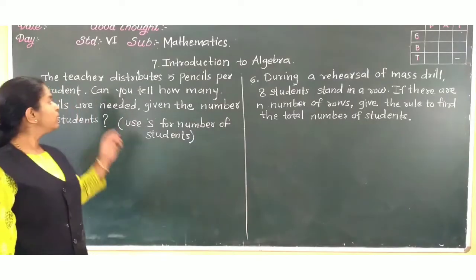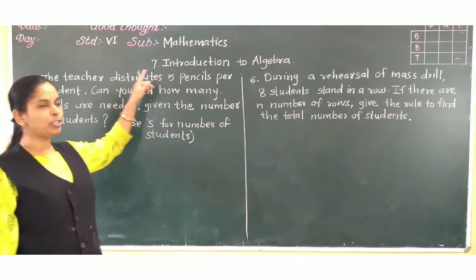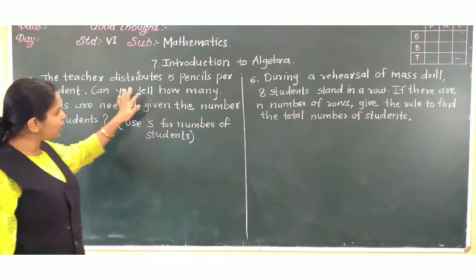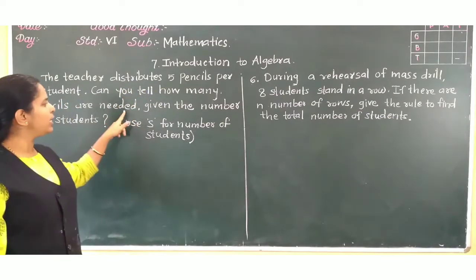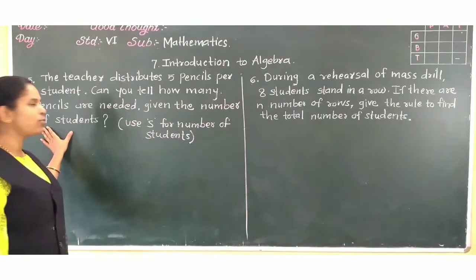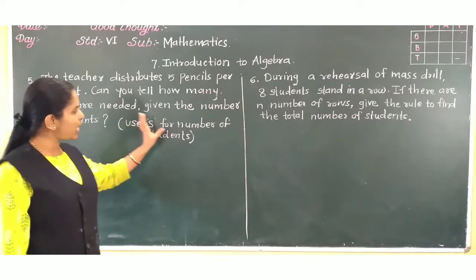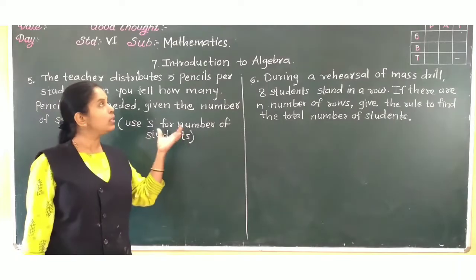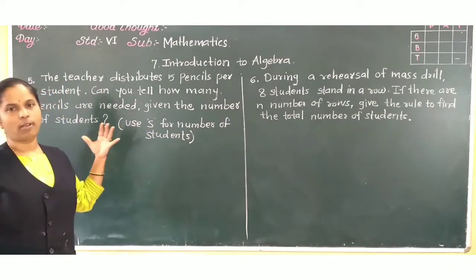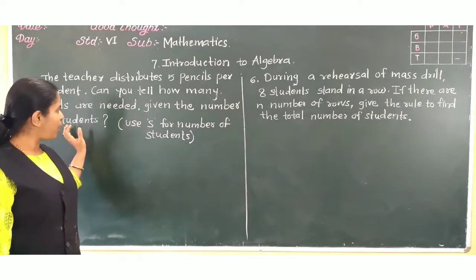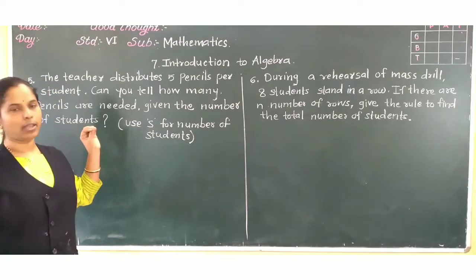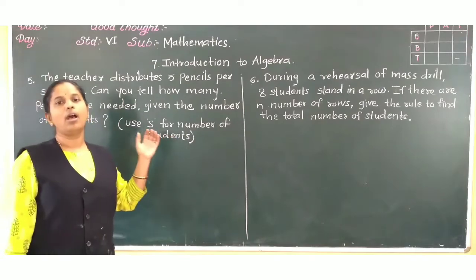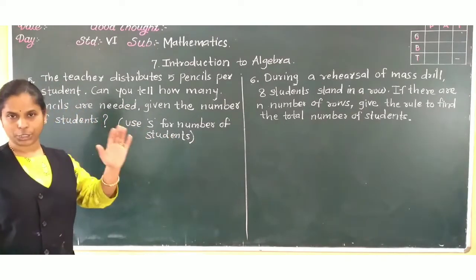Question number 5. The teacher distributes 5 pencils per student. Can you tell how many pencils are needed given the number of students? Use S for the number of students. Now we have to form the expression where some number of students are given 5 pencils each.